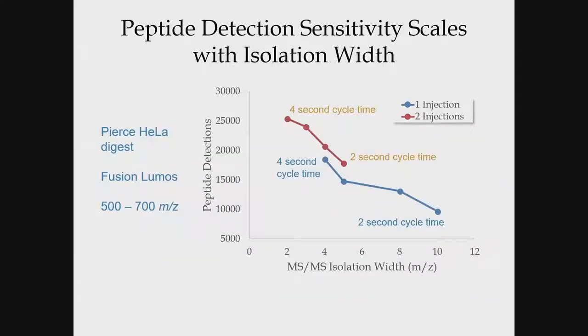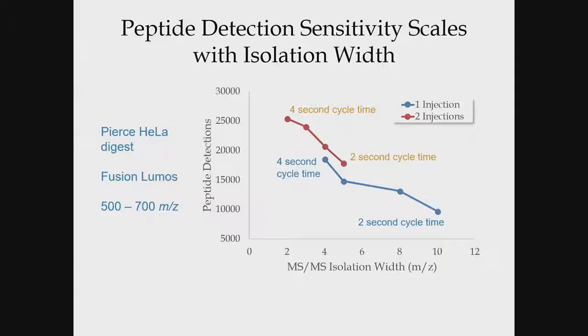Okay. So this is another case where we showed the number of peptides that we can detect over a 500 to 700 m/z range. So this is a narrow m/z range using different MS/MS isolation widths. In some cases, we made multiple injections to span the isolation window over this fairly narrow mass range. In other cases, this took about a 4-second cycle time.